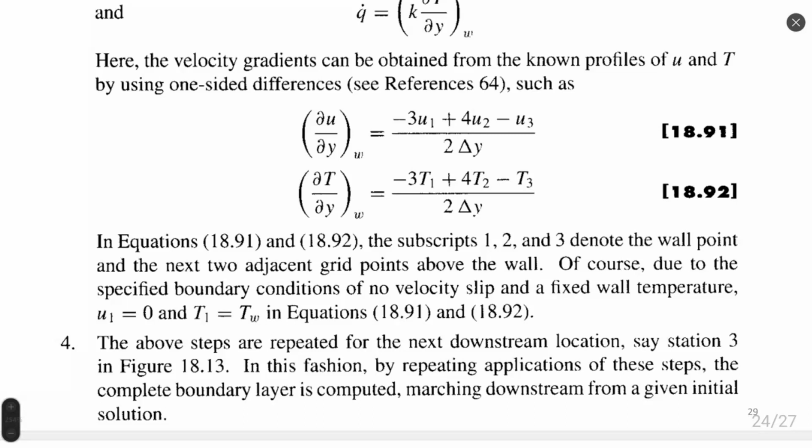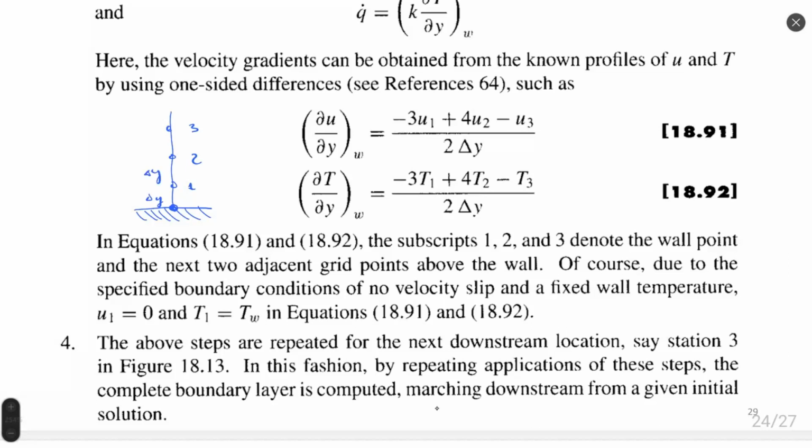So once we know 3 points in space inside the flow, for example, this is the wall. This is our wall point where we are interested to calculate gradient of velocity or gradient of temperature, no matter. This is point 1, point 2, and point 3. They all are having same distance one from another.